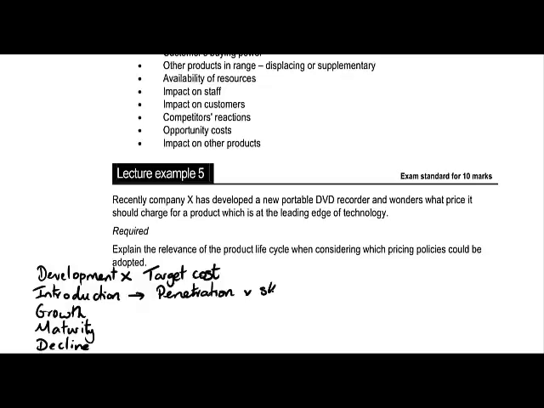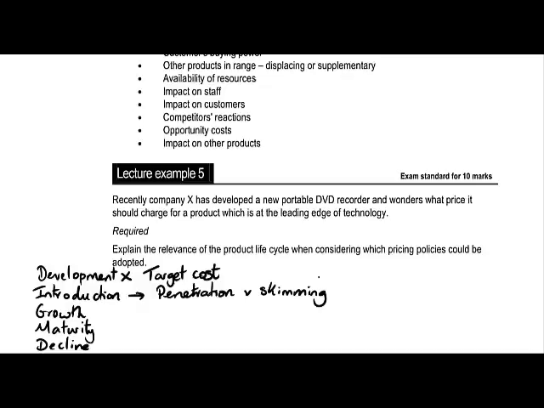Or we could take the opposite approach and go for market skimming, which is where we set a very high price. A technologically advanced product would be particularly relevant, because you want to make it seem attractive, give it a good brand image. That then makes it very profitable to start off with, but of course you're going to attract potential competitors in.